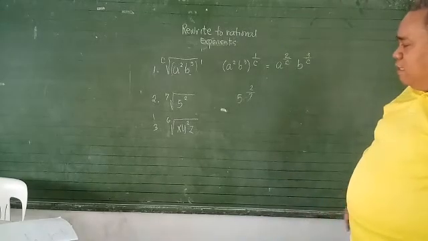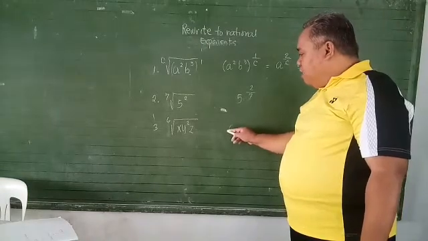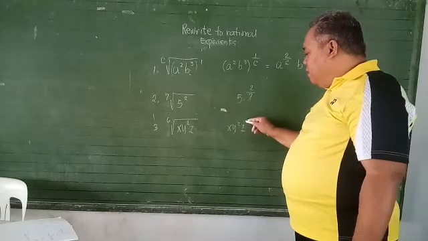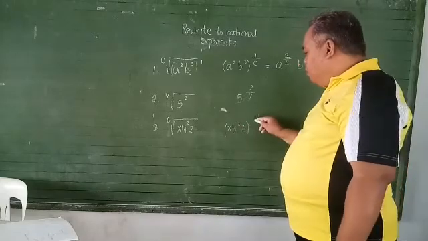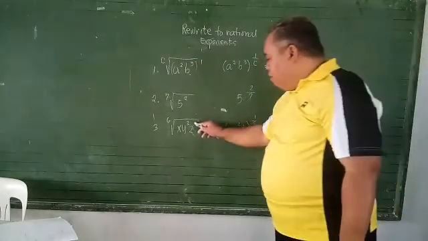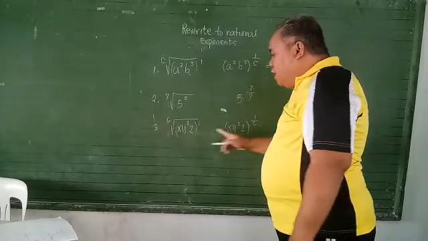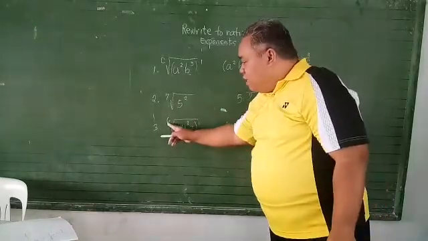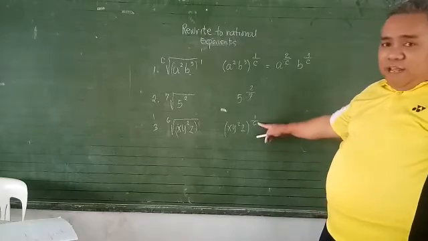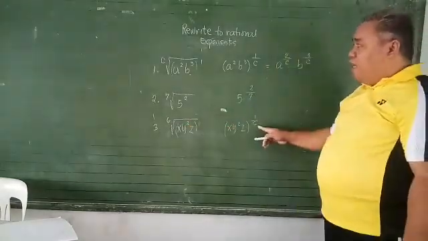In number 6, again, just like this one, we have x, y squared, then z, and this is raised to 1 over 6. The index becomes the denominator when you make it a rational exponent. Remember, the index will become the denominator of the rational exponent.